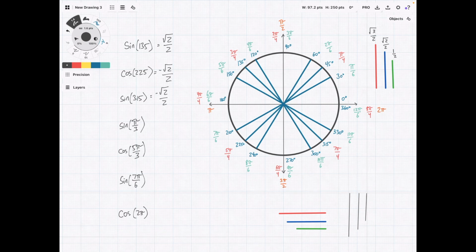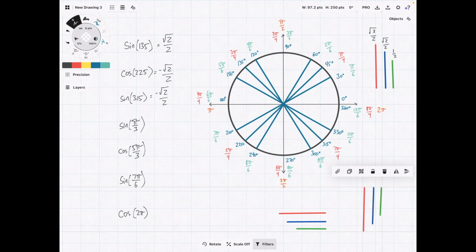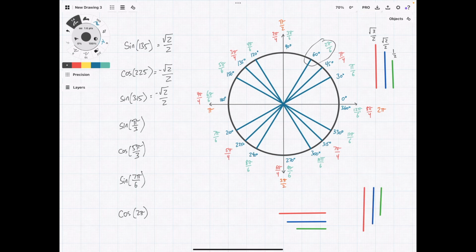It's actually right here. I didn't reduce this fraction just because I wanted to show that this is divided into sixths. So 3/6, 4/6, 5/6, 6/6. But really, this goes down to pi over 3. So this is what we're looking at here.